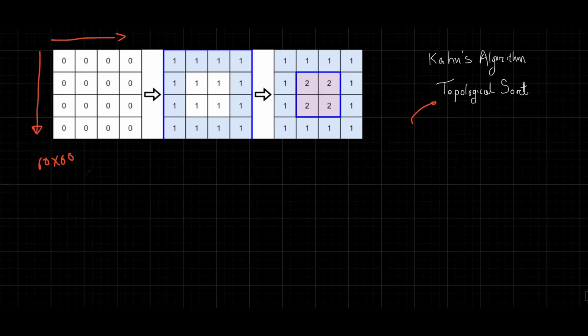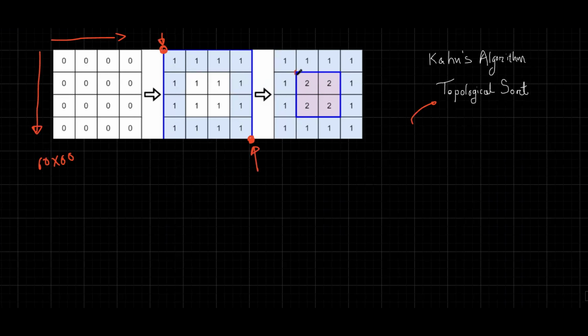Now for each of the colors, we will store its starting point and ending point into a separate container. Suppose for the color 1, its starting point is this and its ending point is this for the rectangle. That means it is the top left corner, it is the bottom right corner.